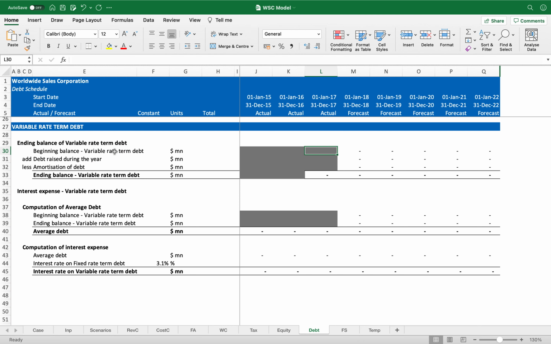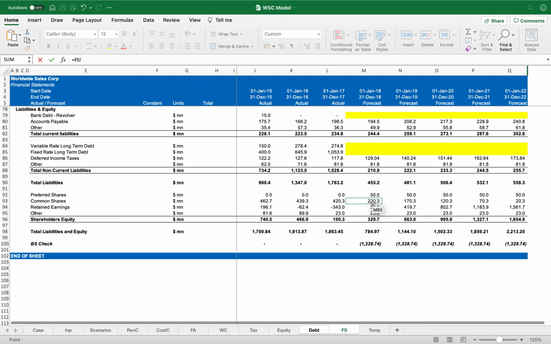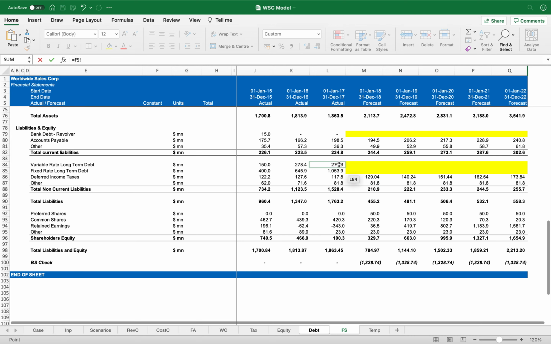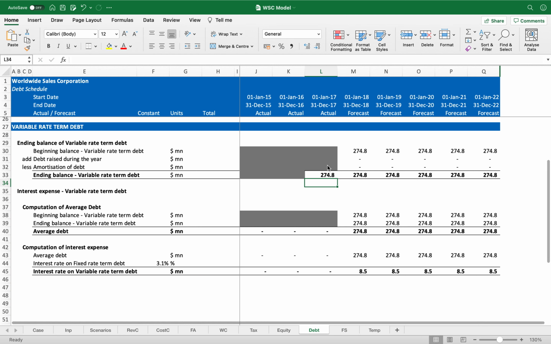So the beginning balance, the ending balance of variable rate term debt as on 2017, do we have this figure? Yes, we do. We do have this figure in the balance sheet. So let's go to the balance sheet and link variable rate long term debt, 274.8.